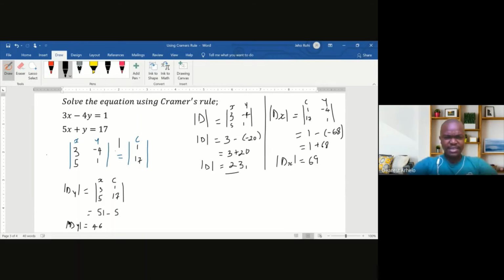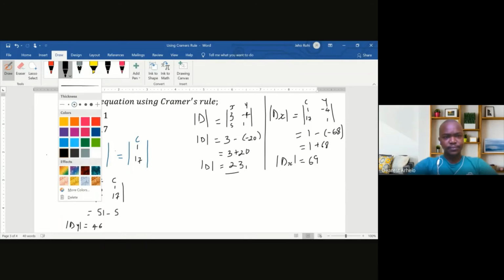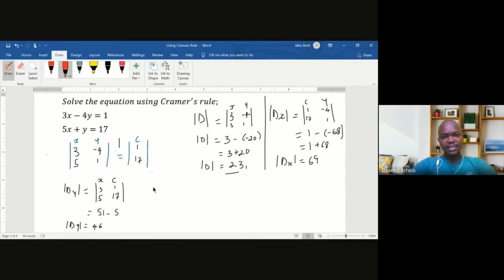So now let's find our x. To get x, x is equal to determinant dx over determinant of d.